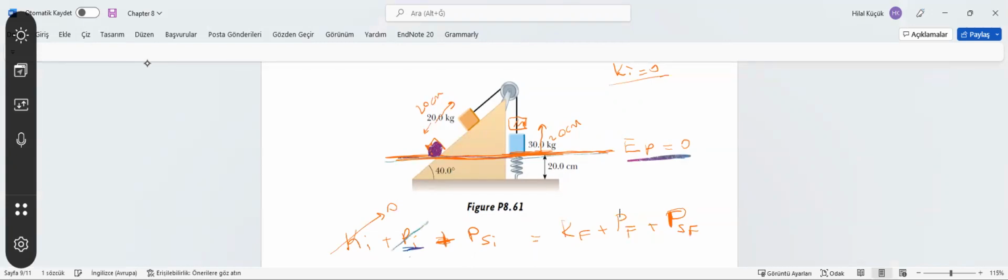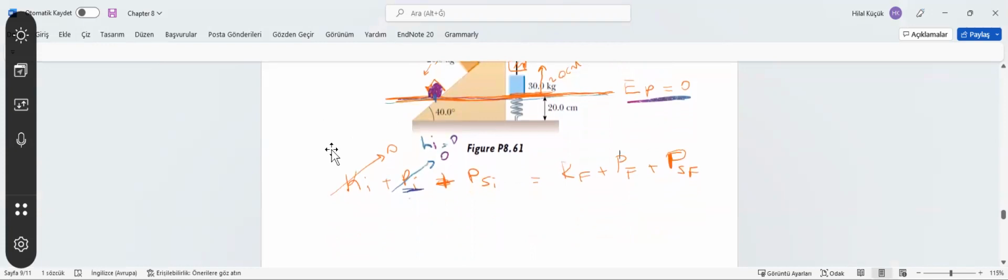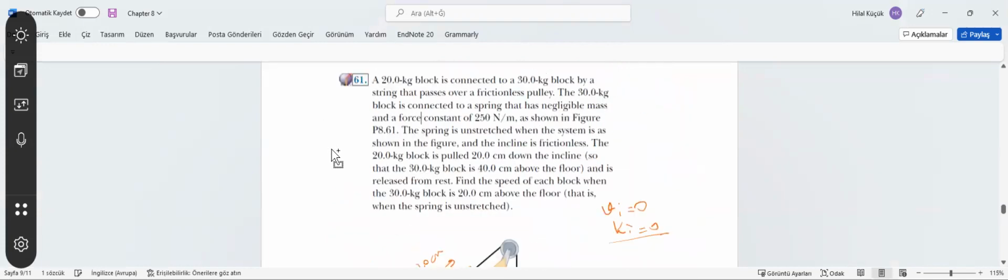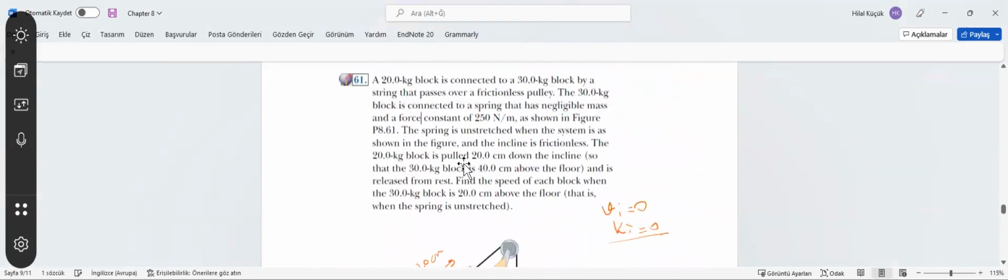Yes, you can say it is 0 because now there isn't any height. There isn't any elevation. So that part is 0. But don't forget there are 2 masses here. I have to add that one. Sorry, I forgot the second one. Oops, I have to add that part.